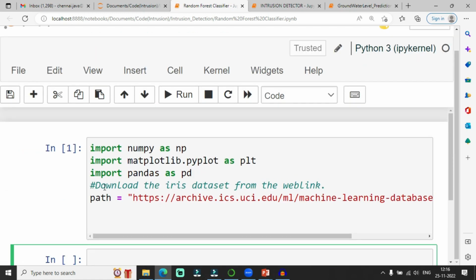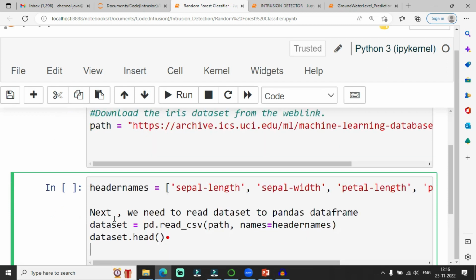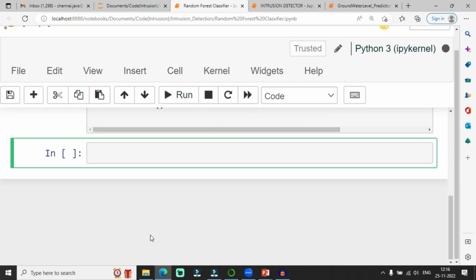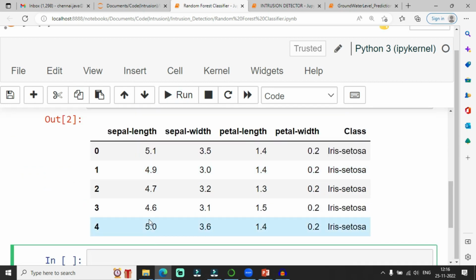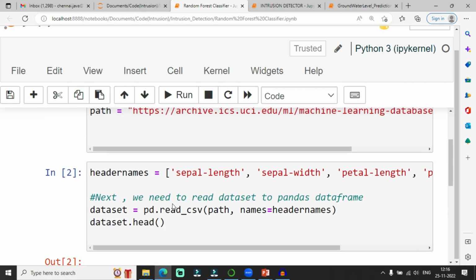After typing my code inside the code cell, I need to click the run button. You can see here I am just printing the head of my data frame.